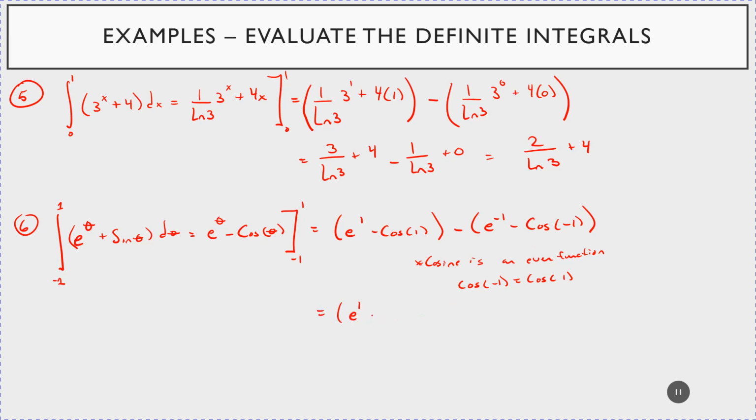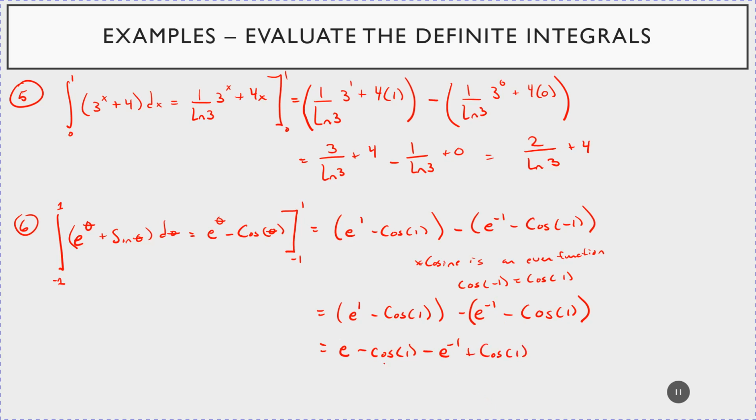This is e to the 1 minus cosine of 1 minus e to the minus 1 minus, now cosine of -1 is the same thing as cosine of 1. So watch what happens. E to the first power is just e, minus cosine of 1, distribute here, minus e to the minus 1, minus becomes plus cosine of 1.